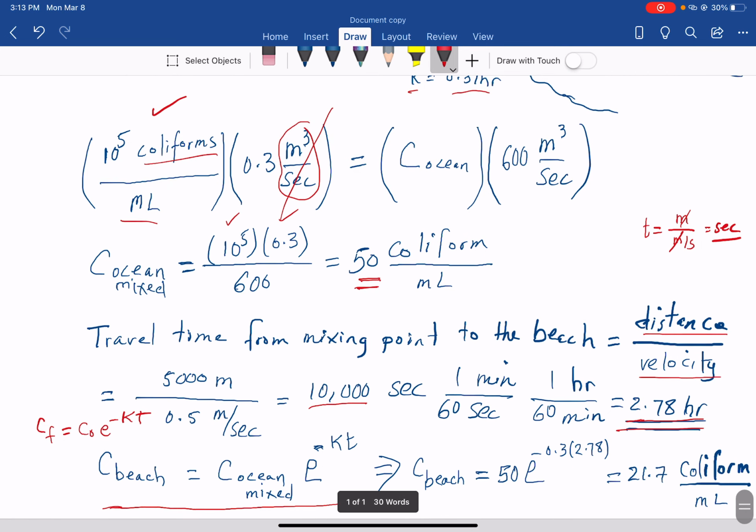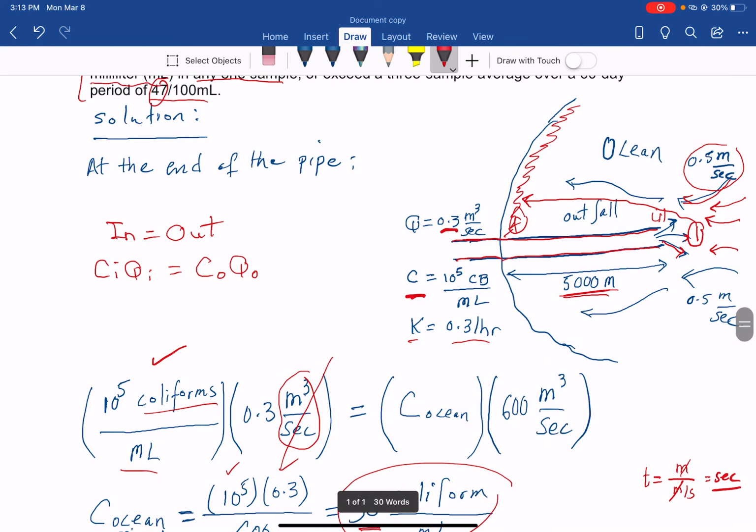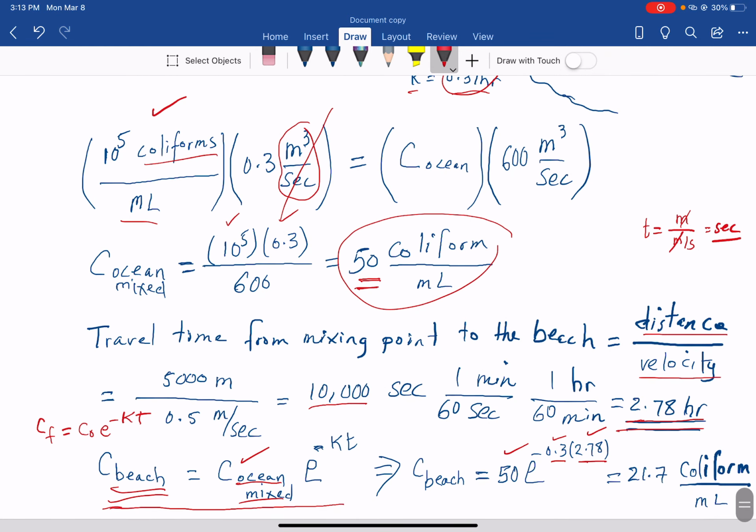C beach equals C ocean mix, which is C initial, times e to the power minus KT, and C ocean mix is 50 from here. e to the power minus K, where K is known, and time is known, 2.78 hours. Remember, it's hours here, and 0.3 has to be per hour. You have to make sure that the units are homogeneous. Later on, you will get 21.7 coliform per ml.